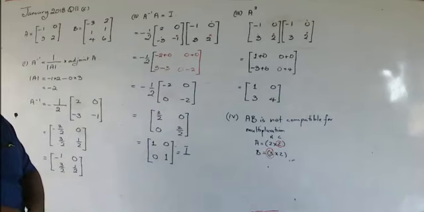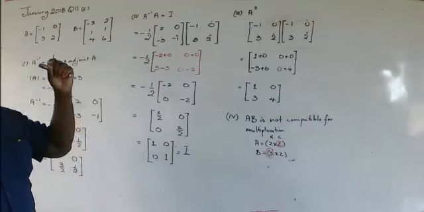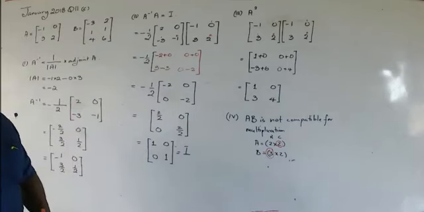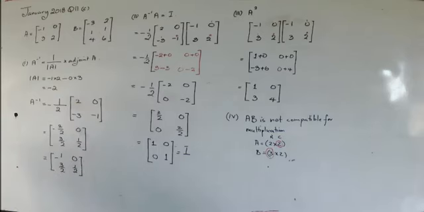This fact makes them not compatible for multiplication. Two matrices are compatible for multiplication when the number of columns in the first matrix is equal to the number of rows in the second matrix.